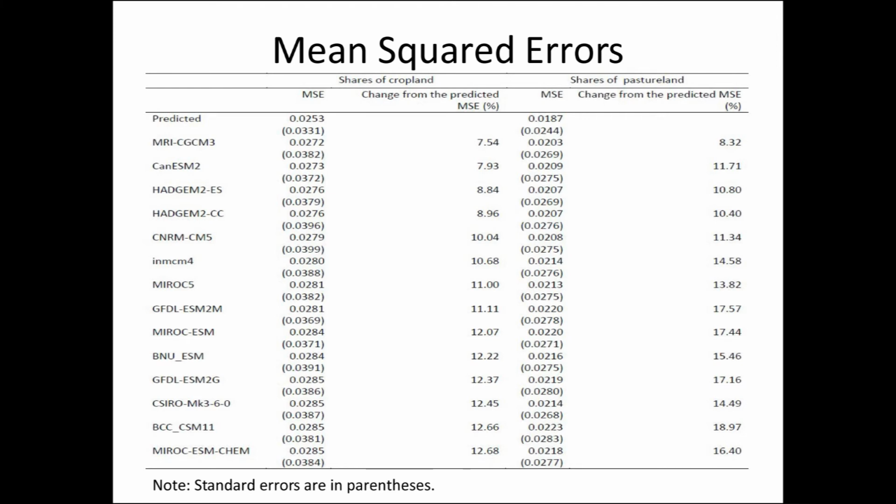We use the predicted within-sample mean squared error as the benchmark and calculate the percentage change of those GCMs' mean square errors from the benchmark, and those two columns show the percentage change. So you could see that different GCMs actually give different predicted outputs for our land use.